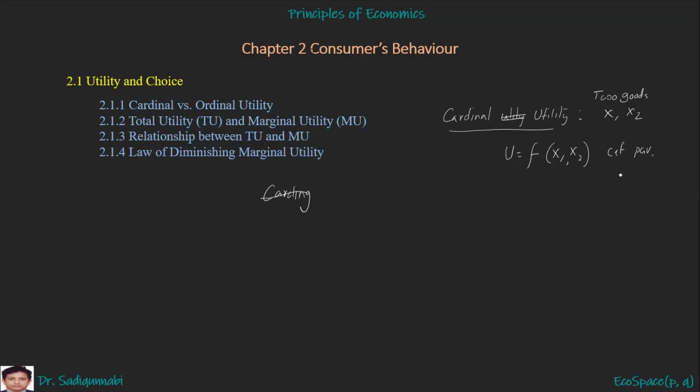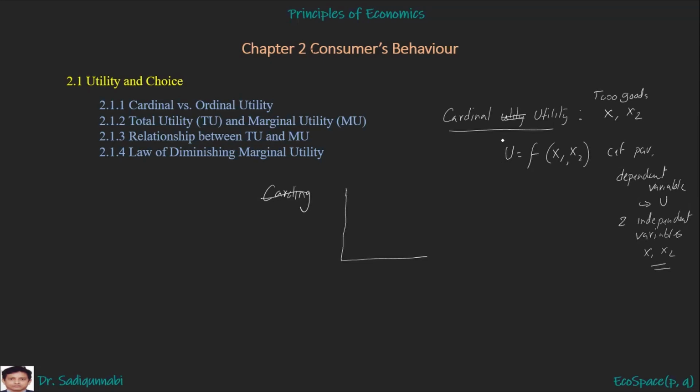Now, here you see that there are three variables. One is the dependent variable, which is actually u, and two independent variables, x1 and x2. But our space is two-dimensional. That means our Cartesian plane is two-dimensional, right? So in order to draw a graph, we can take only two of them.